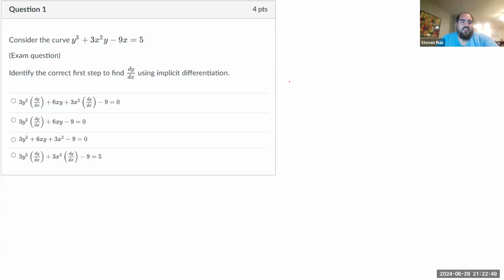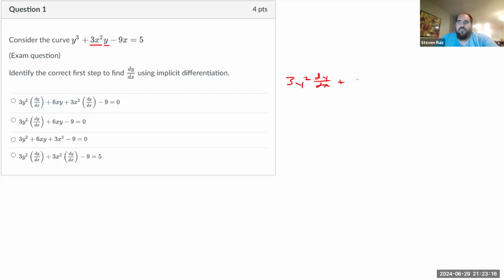So the derivative of y cubed, first I have to differentiate that with respect to y. So that'll be 3y squared. And then I have to keep following the chain rule, so I'm going to multiply that by dy/dx. The second term is going to involve the product rule. So I'm going to split these up into two functions, 3x squared and y.